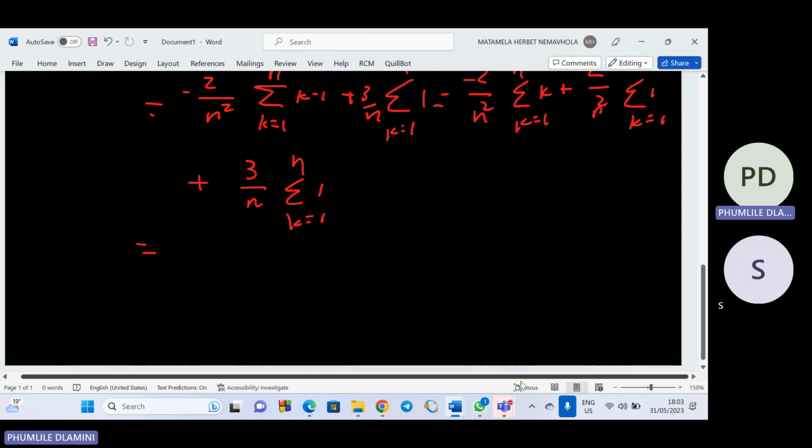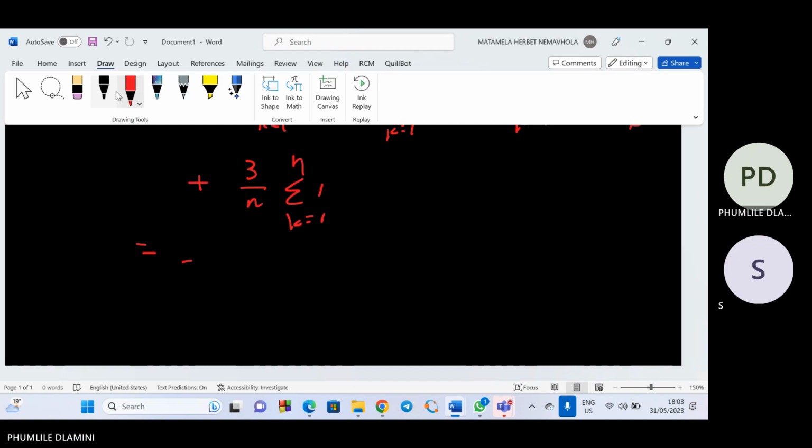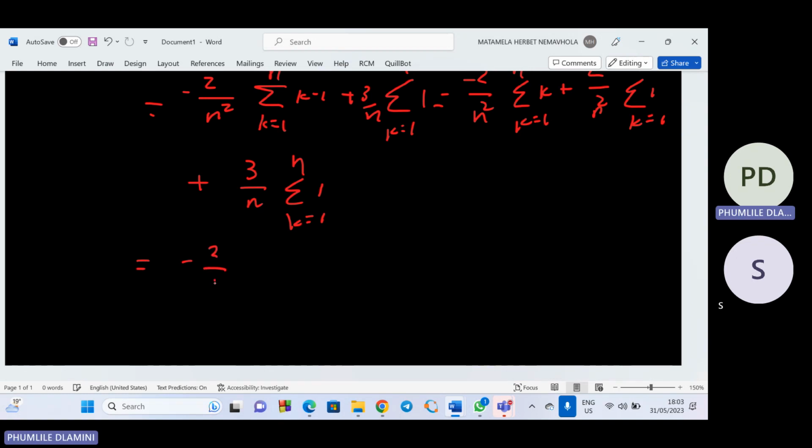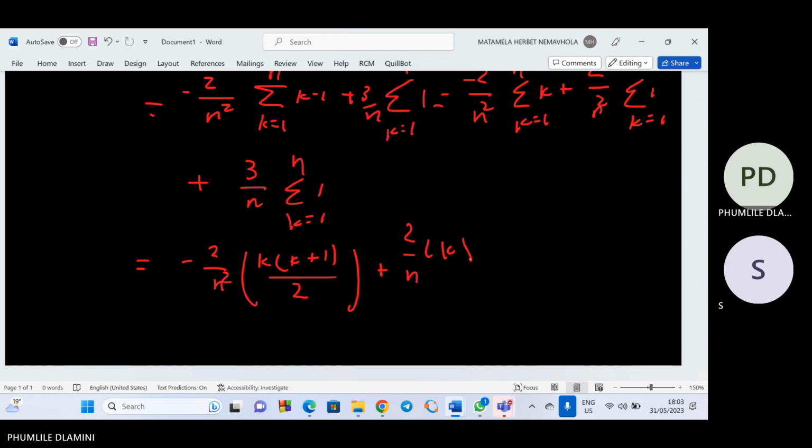Then this is going to be equal to, after writing everything there, when we substitute, we're going to have minus 2 over n squared, in brackets, we know that the sum of k is going to be n in brackets n plus 1 over 2, plus 2 over n squared times the sum of 1, plus 3 over n. Remember, in the sum of 1 we are substituting the upper limit, so it's supposed to be n, not k.